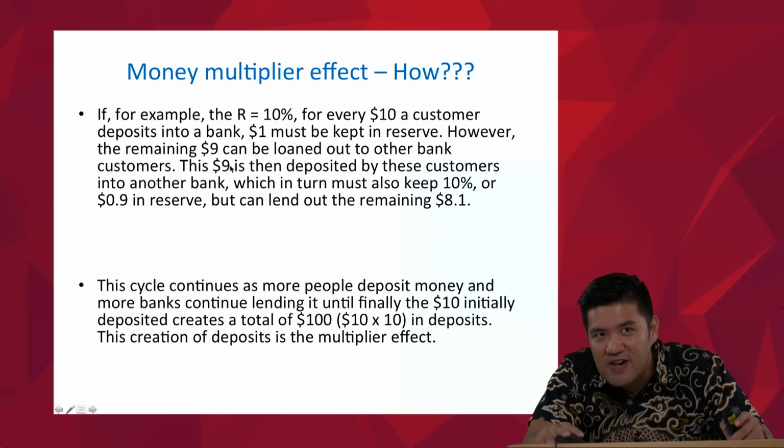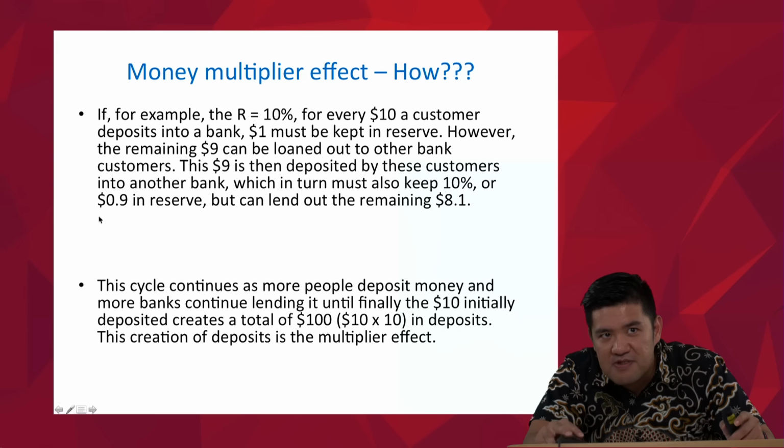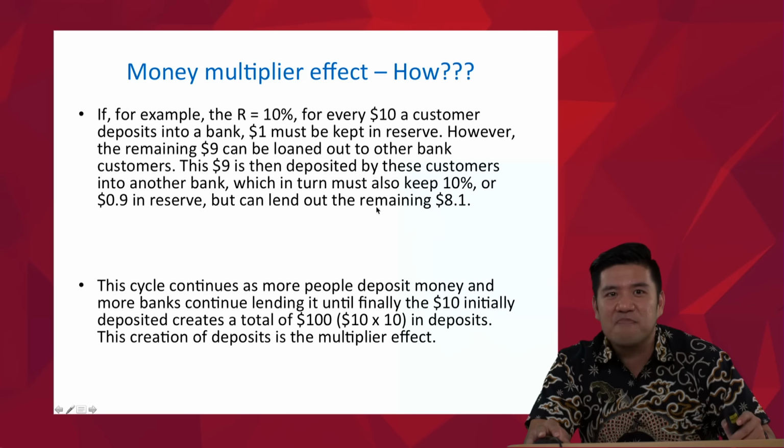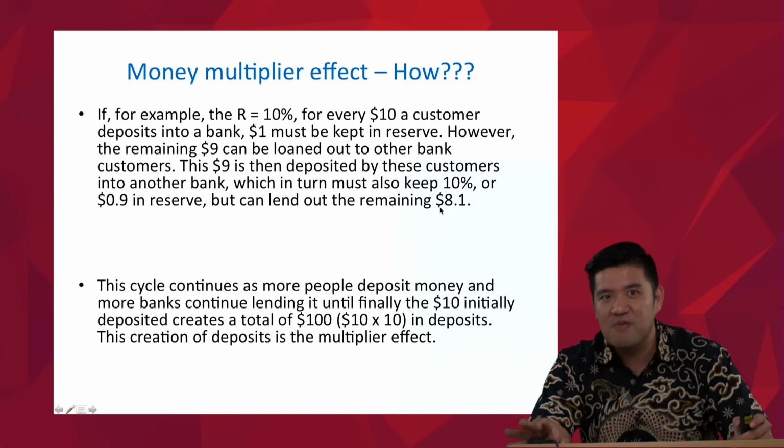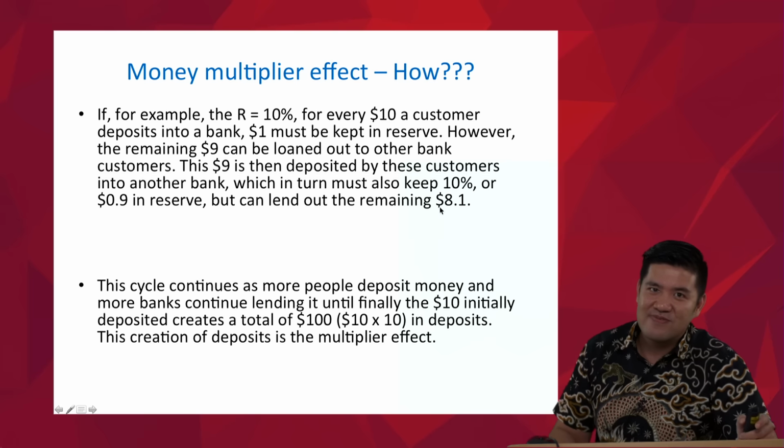Then the process follows. With the $9, the bank will put aside 10% of that. 10% of $9 is 0.9 in the reserve. But it will then lend out the remaining $8.1 that will become a new deposit in the system.